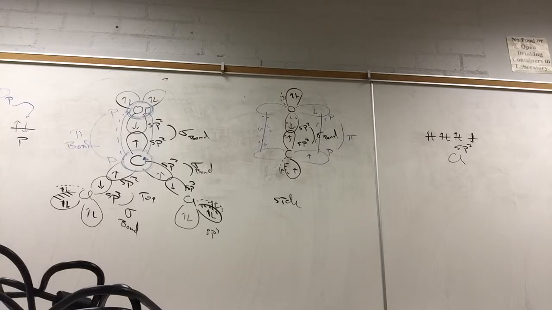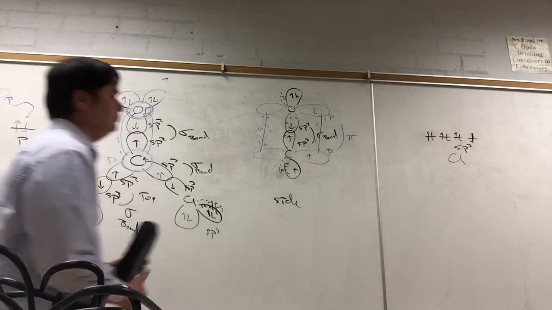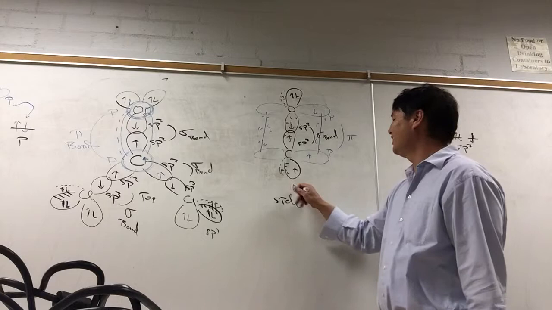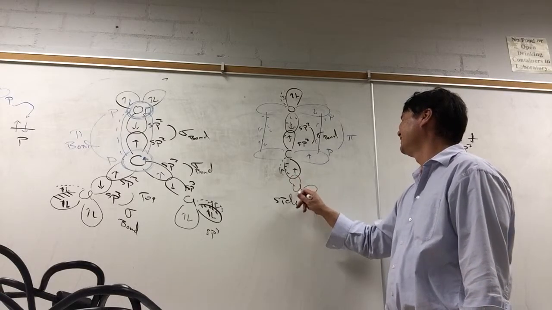here. I'll try to code the chlorine electron a little differently. So I ran out of colors. All right, and so here we have to put in the chlorines here.